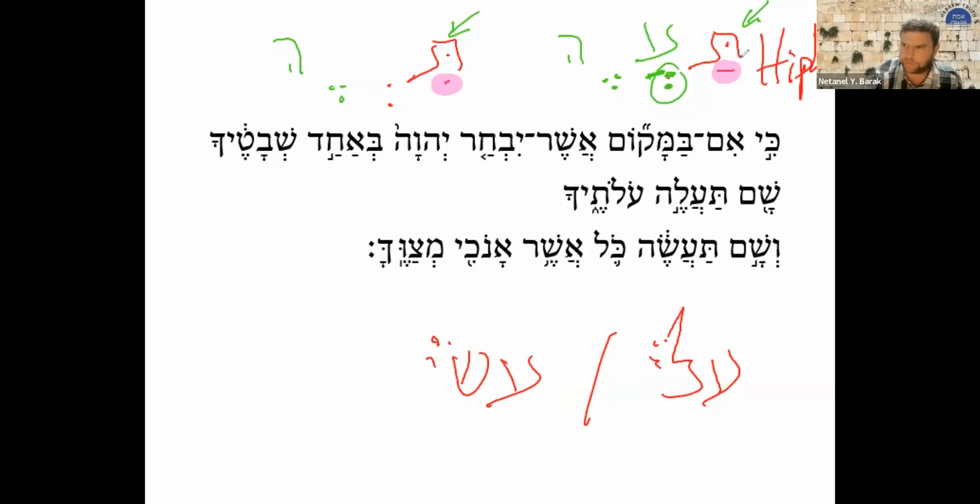The reduced vowel affects the preceding vowel in the case of the Kal, and it turns this vowel into a patach as well, which creates the identity with what is already a patach, and that's the Hifil.